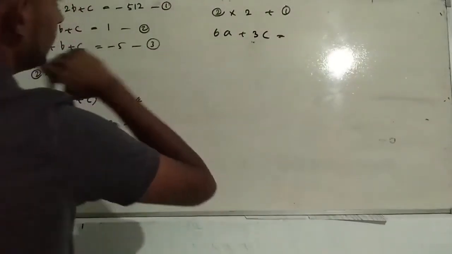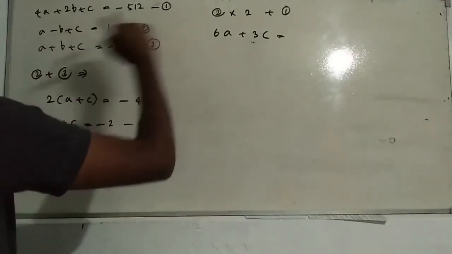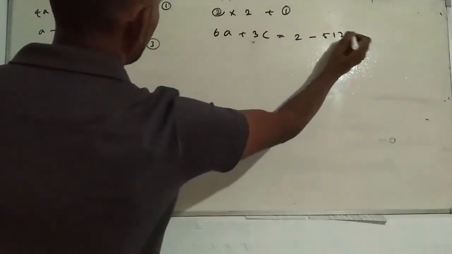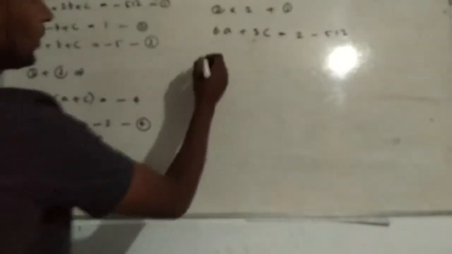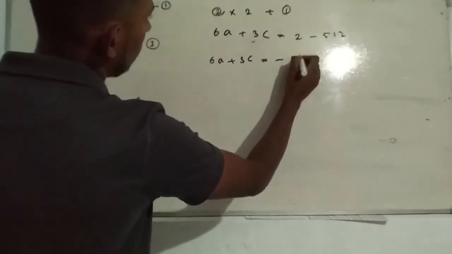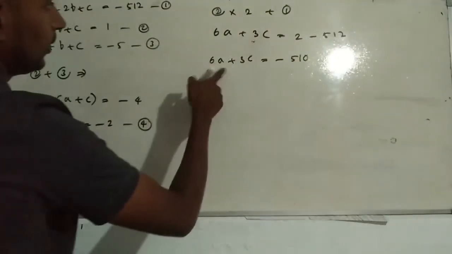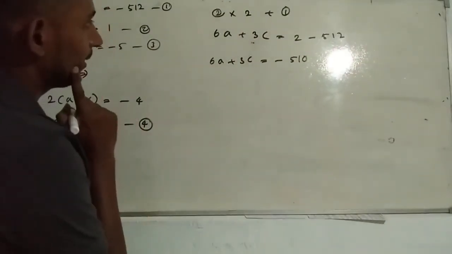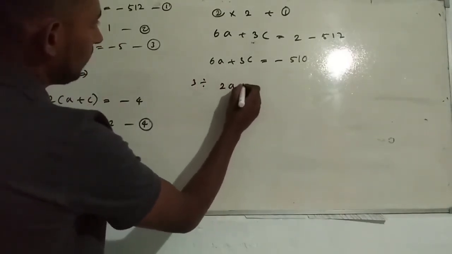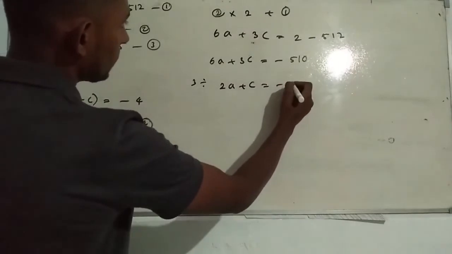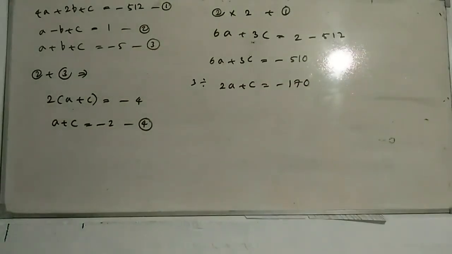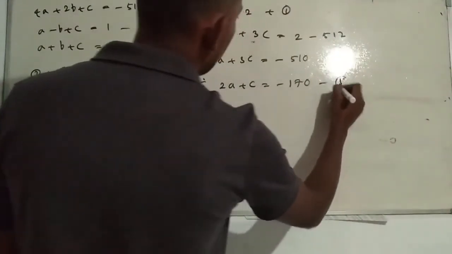So 6 times a plus 3 times c is equal to minus 510. We divide this by 3, and you get 2 times a plus c is equal to minus 170. Right, I will take this as my fifth equation.